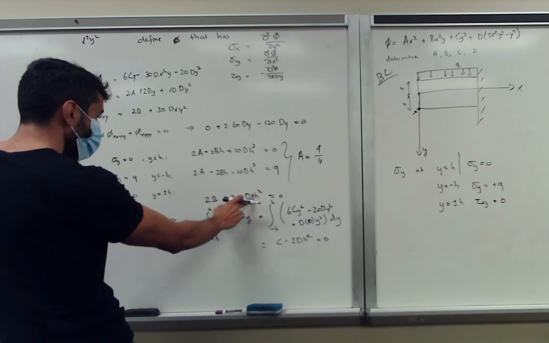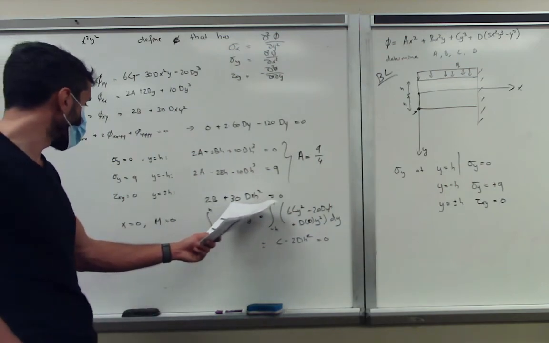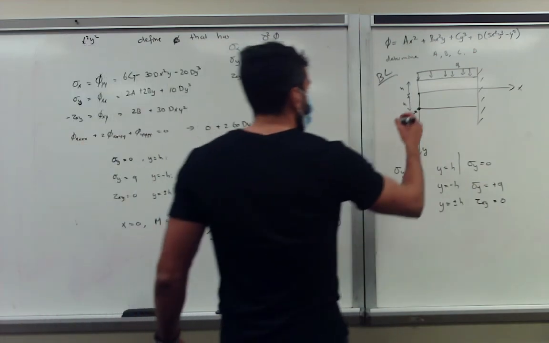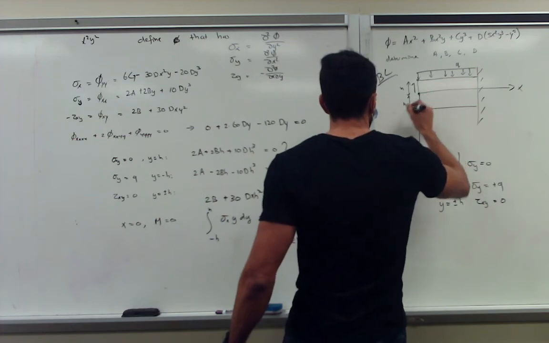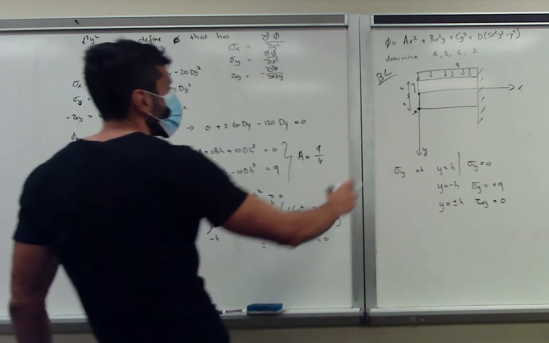Still don't know how I dropped my x in this equation. Let me see. Could basically evaluate it in tau xy. Say it's equal to 0 when we hit this edge.